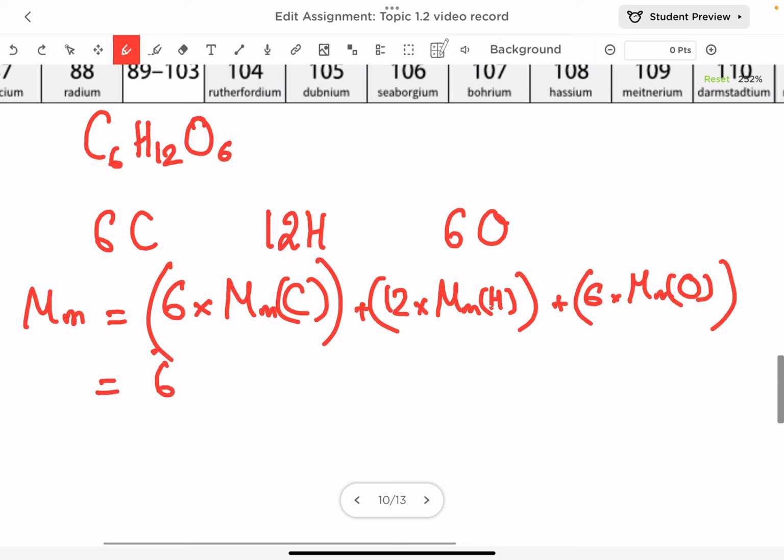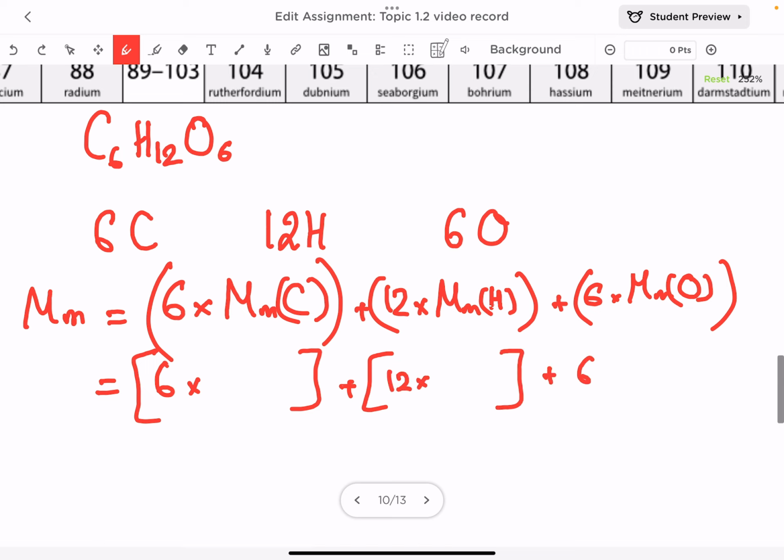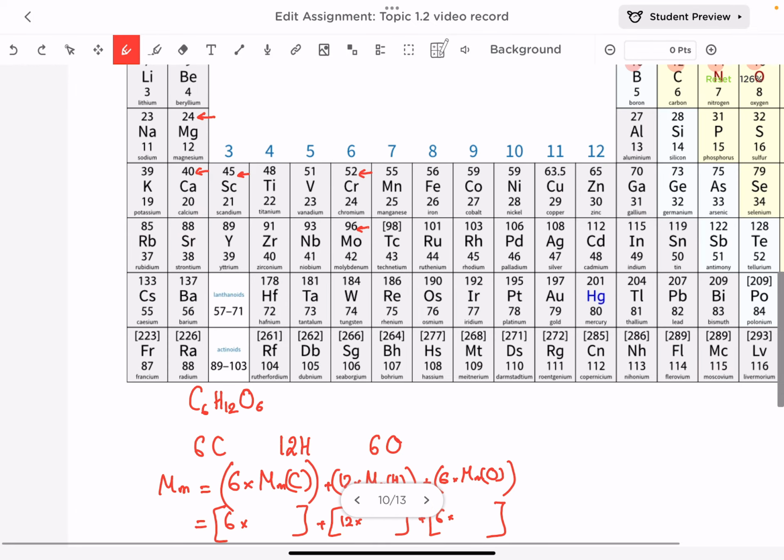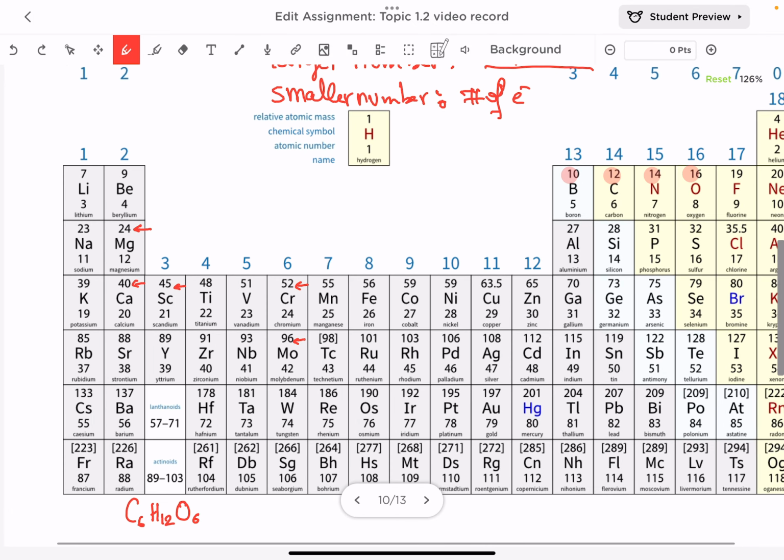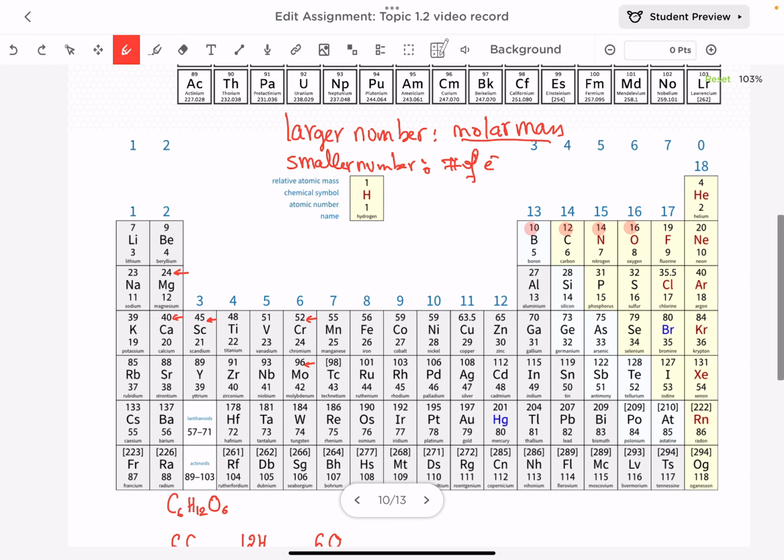Now these numbers, you need to get them from the periodic table. So I'm going to use the periodic table in order to get the molar mass of carbon, hydrogen, and oxygen. If I use this table, the molar mass of carbon is 12, the molar mass of oxygen is 16, and the molar mass of hydrogen is 1.